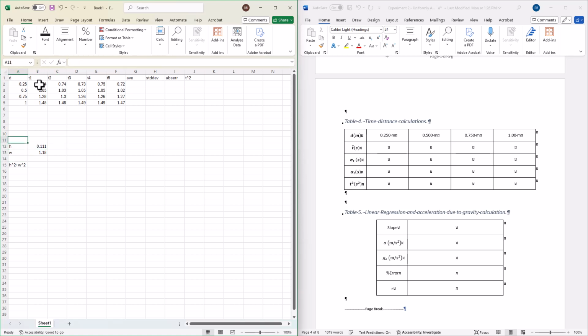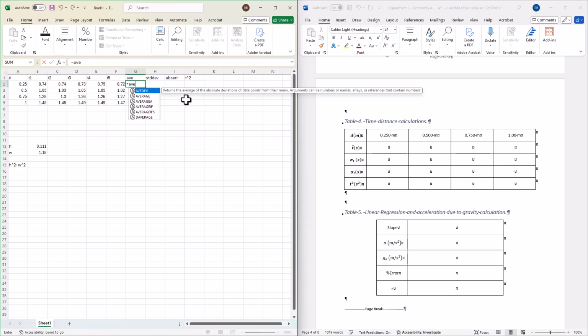They're in meters. But let's come back over here and work on our averages. So for average, what you can do is type in equals sign AVE. And right there, that's AVERAGE. That's what we want. So you can click on that, or you can highlight that, and then hit tab.